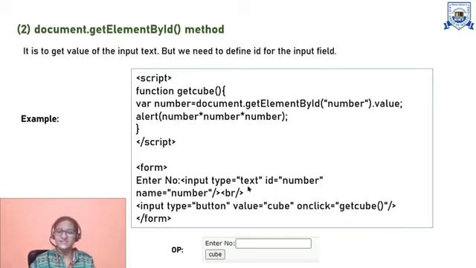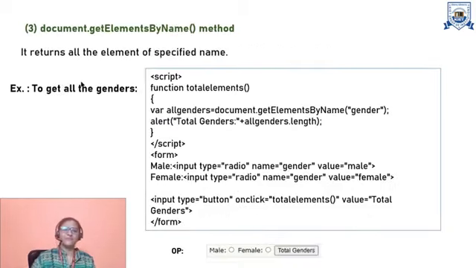This number ID is associated with the text box, so whatever value we have provided in this text box, it will retrieve and assign to the variable num. In the alert box, it will find the cube of that value, number into number into number, and the cube will be displayed. This way we can use getElementById.